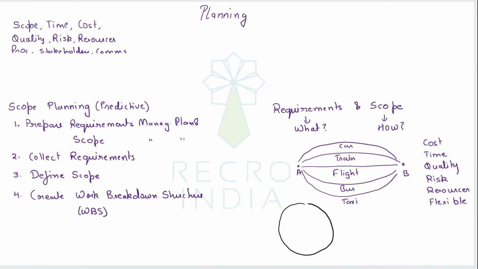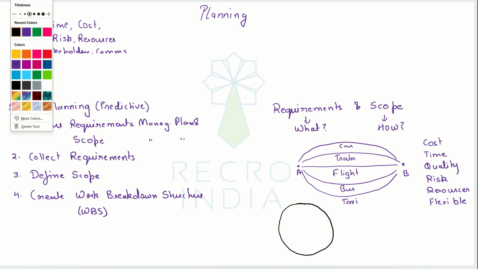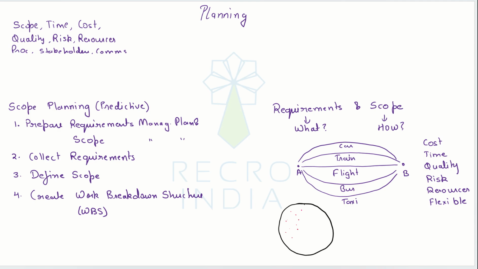So if this is the boundary, then within this boundary, we have our requirements. So once the requirements are collected, then we determine the scope, which will of course be defined in such a way that it can fulfill all the agreed upon requirements, which are these pink dots.